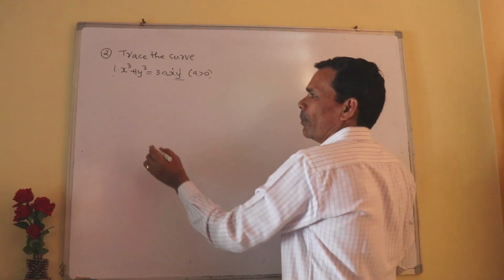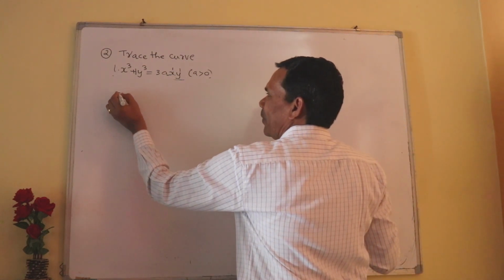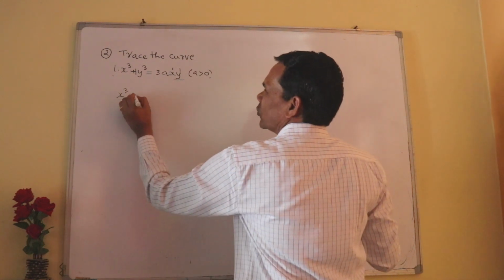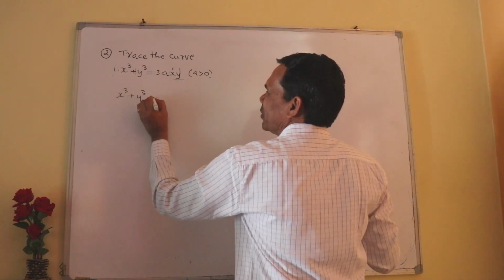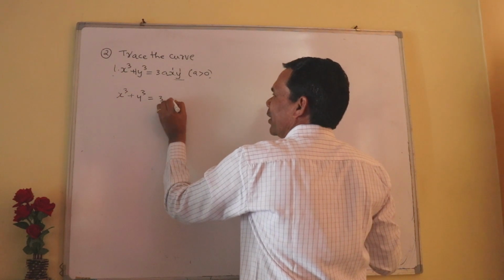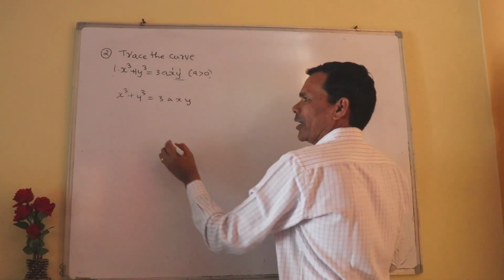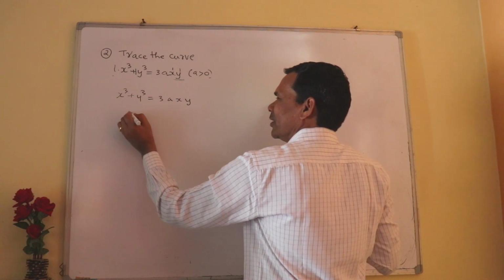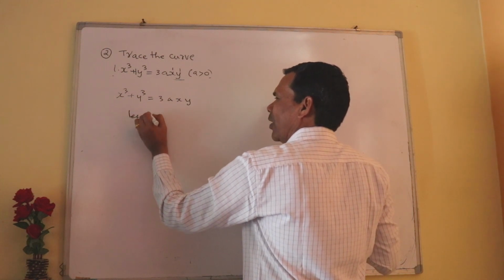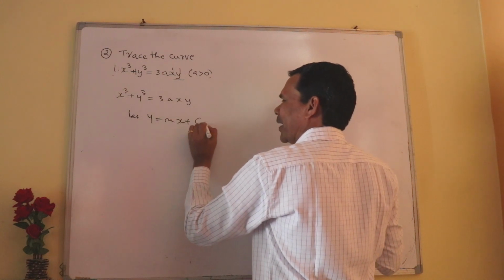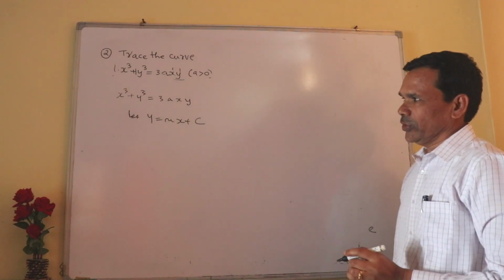Now we go for the oblique asymptote. To find the oblique asymptote for this curve, x cube plus y cube is equal to 3 times axy. According to the procedure, let y is equal to mx plus c be an oblique asymptote to this curve.